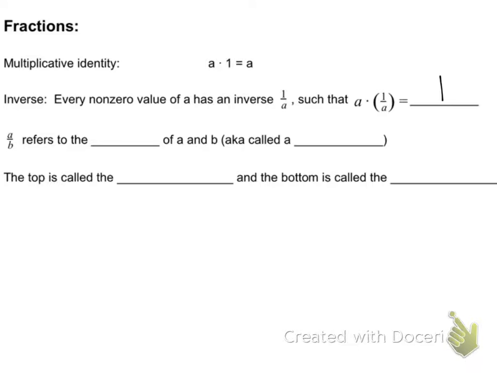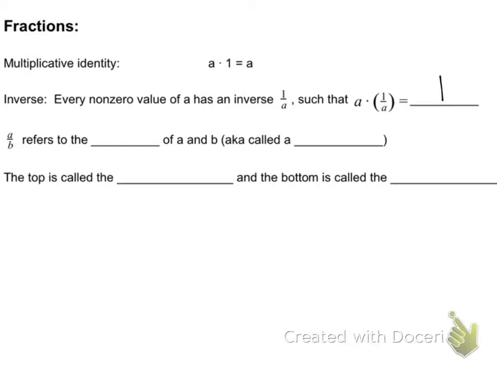A over B refers to the blank of A and B. I kind of left that, so you've got to fill in the blank. The fraction itself of A divided by B, we sometimes can use what phrase? The blank of A and B. Not reciprocal, because we don't have another one to look at.